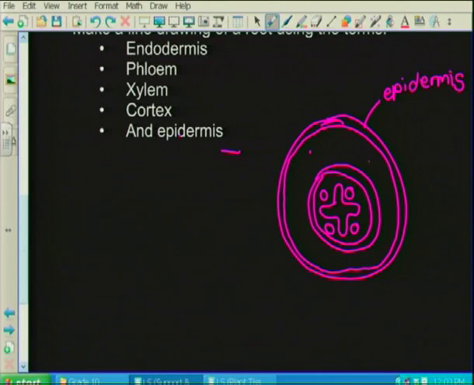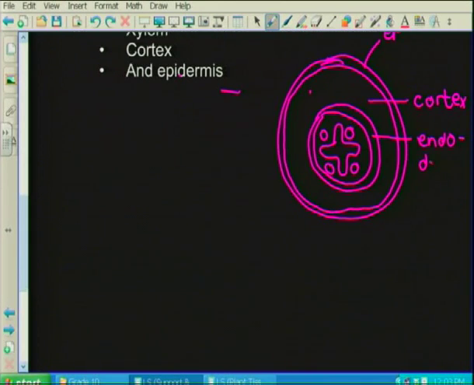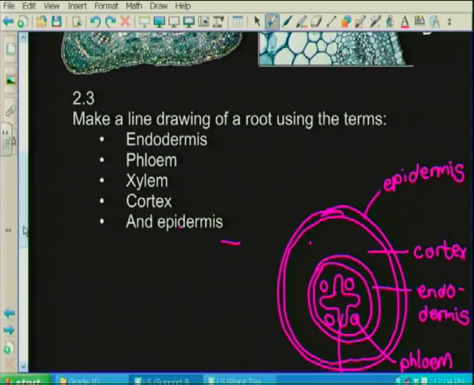You have your cortex, you have your endodermis, your xylem, this is your phloem. So there we have our line drawing of a root.